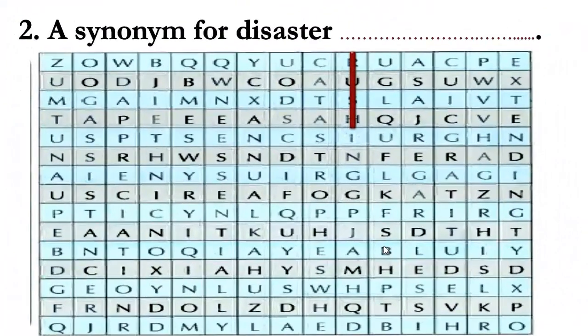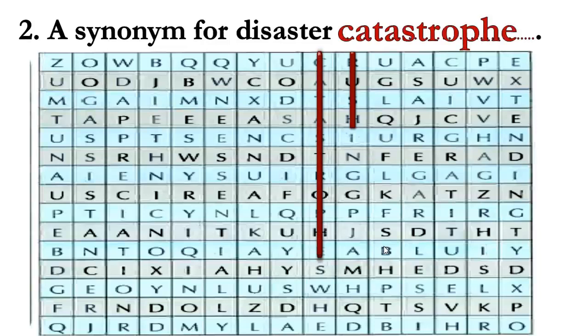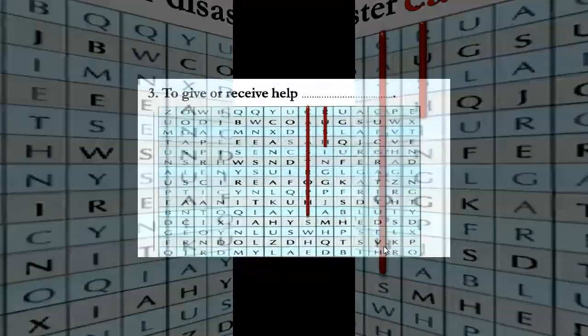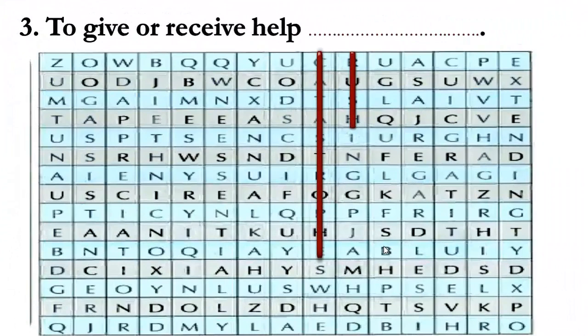Okay. Number 2, a synonym for disaster. So the correct word here is catastrophe. Okay. Number 3, to give or receive help. The meaning for this sentence is the word assistance.